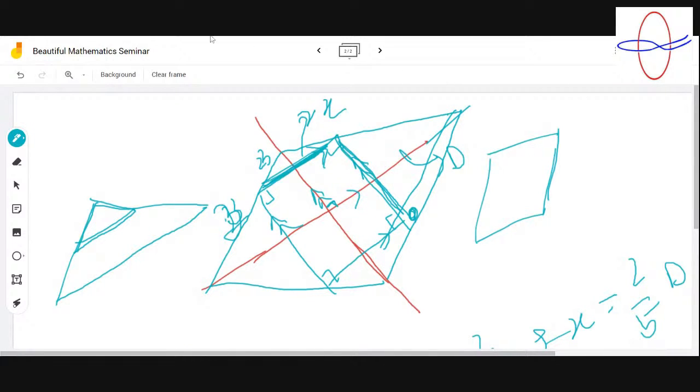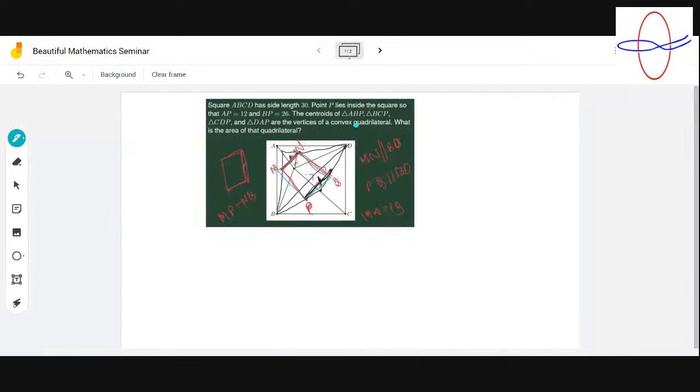Or is it this diagonal? What do you think, guys? Tell me.